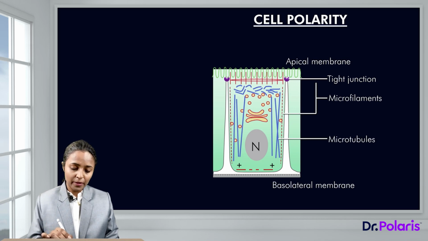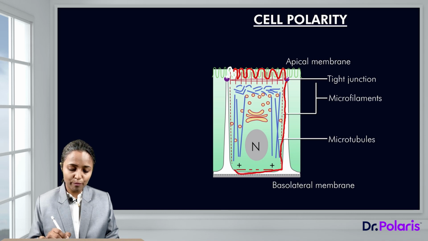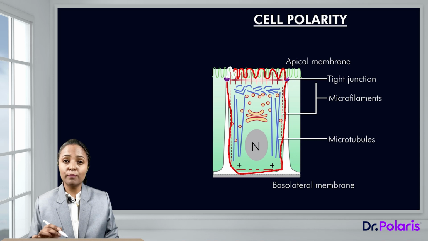So if we see, if this is the apical part of the cell membrane, right, and you see this entire other aspect, this is the basolateral part of the cell membrane. That is why it is known as basolateral. So the lateral part of the cell membrane and the basal part of the cell membrane are taken together.